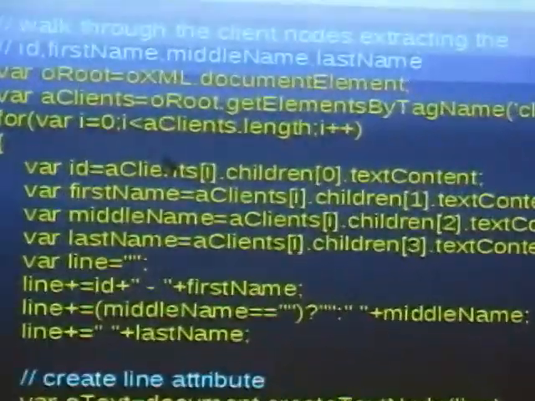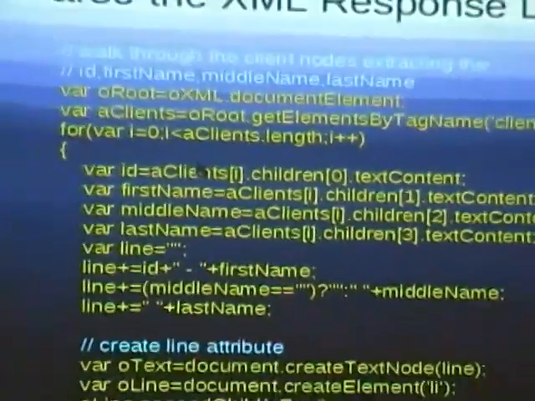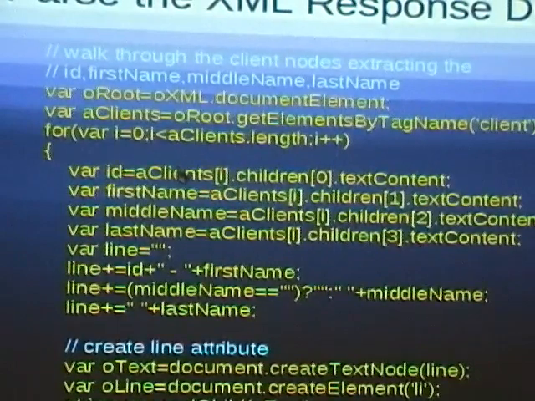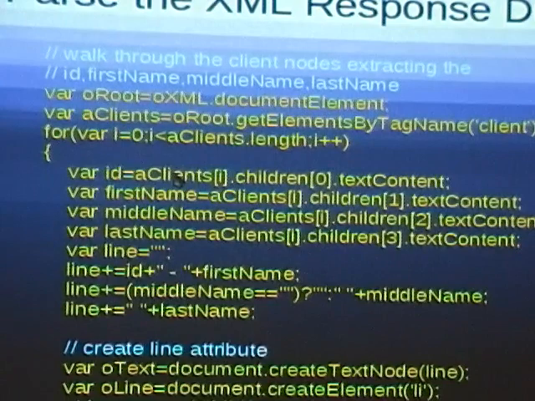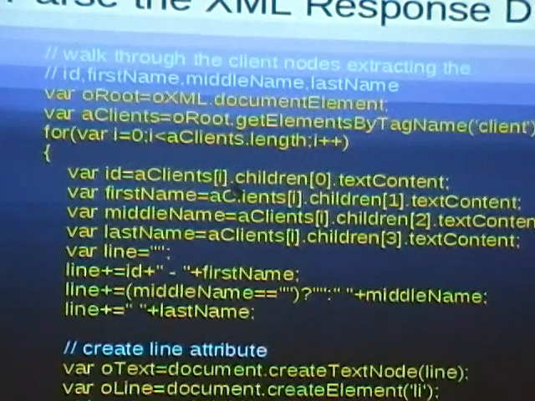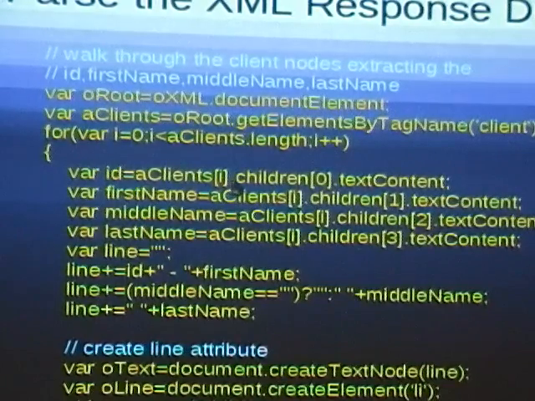And if you recall, the one client had multiple tags underneath it, like ID, first name, last name, middle name. So what I do is I go inside; this would be one client. A client's subscript i is assigned up here, starting with 0. That would be the client tag itself.